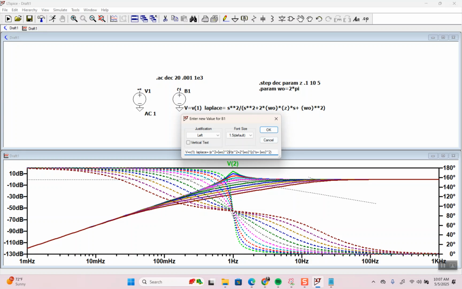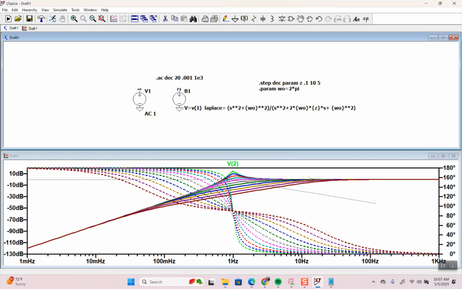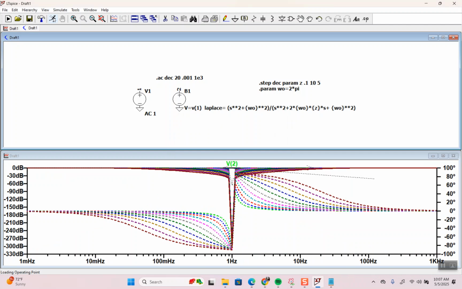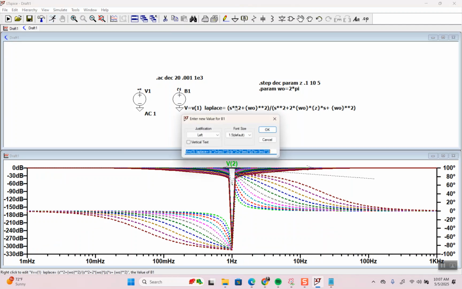High plus low. And then notch. Two times damping times. Wait, what did I use for omega?